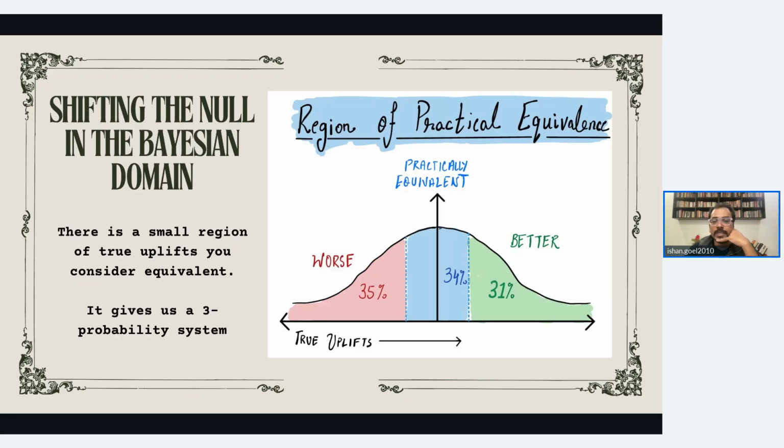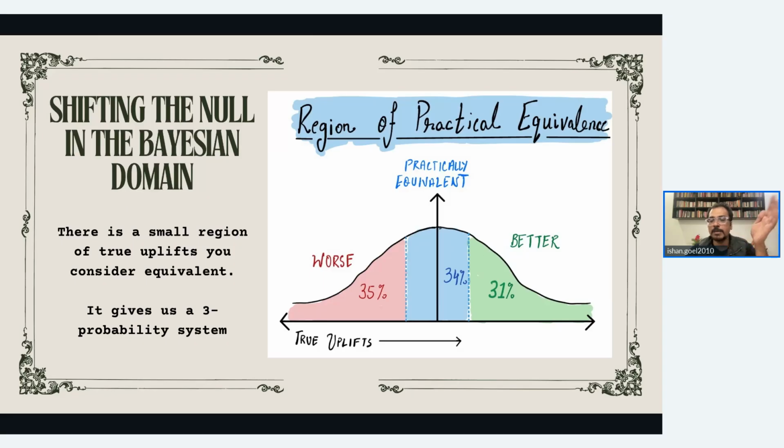Now, by shifting the null hypothesis, we very cleanly get three regions. We shift the null hypothesis up to a point which we consider equivalent from a business standpoint. If we divide this into three regions, we have a small region in between, which is our region of practical equivalence, and then we have the region for better and the region for worse.